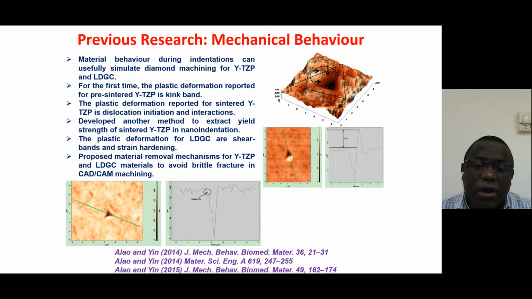So the conventional method of extracting the yield strength in nanoindentation was to use a spherical indenter, okay, instead of the Berkovich, because there are so many indenters. You can use Berkovich indenter, as well as you can use spherical indenter.